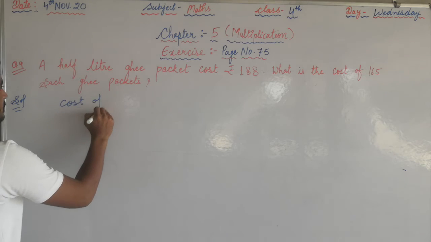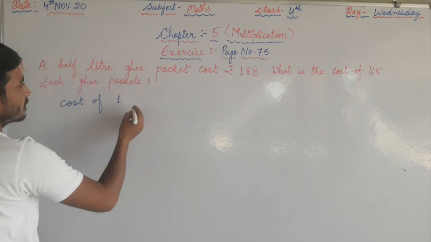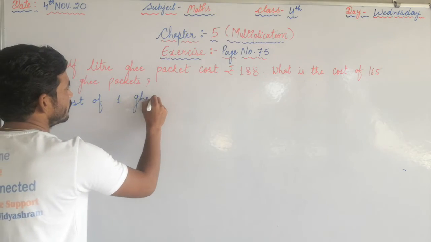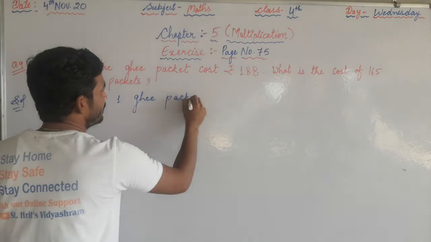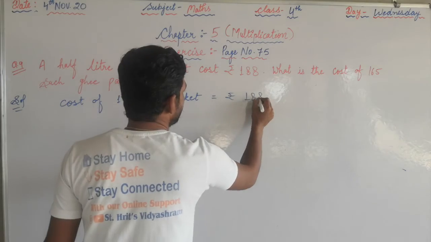Cost of 1/2 liter, 1 ghee packet equals rupees 188.